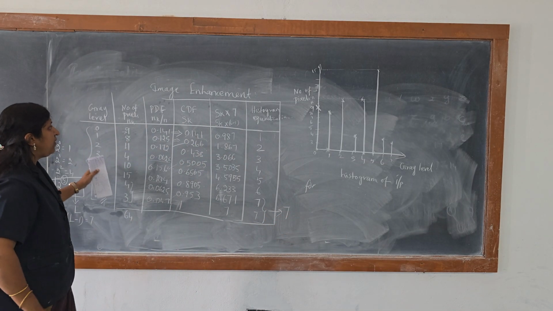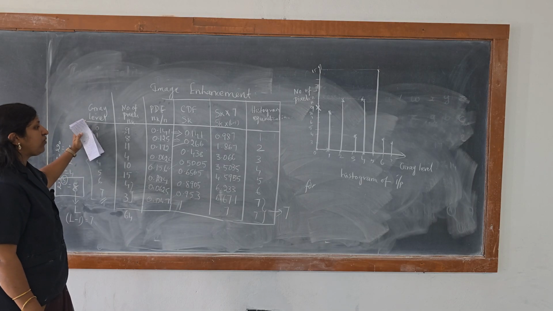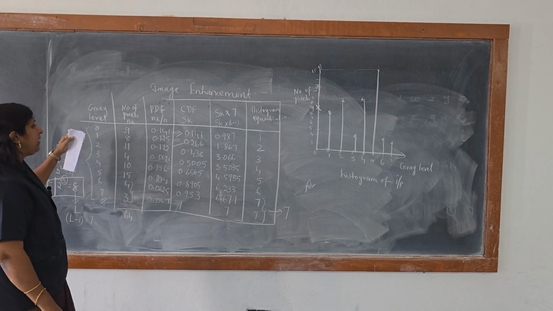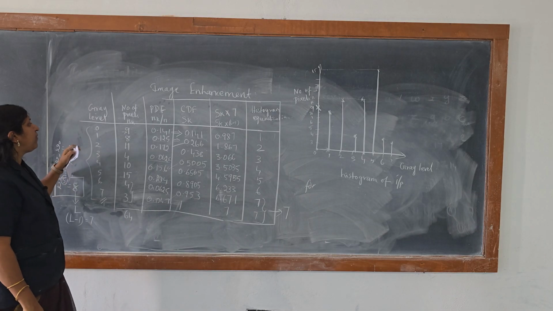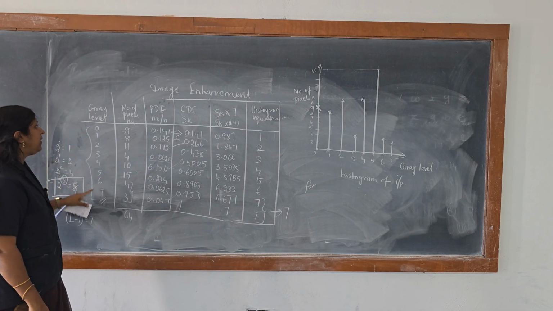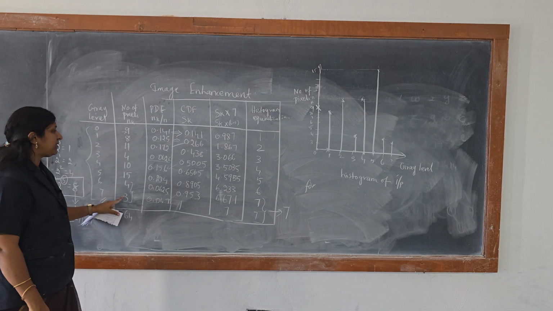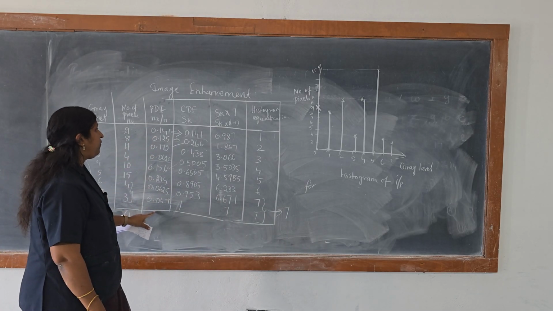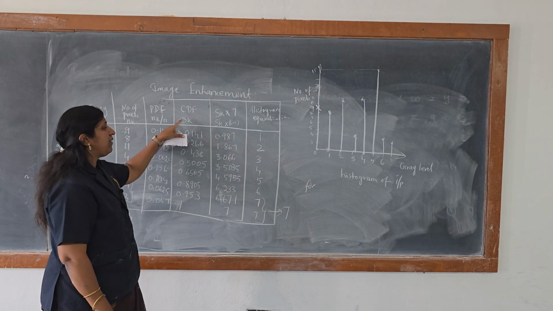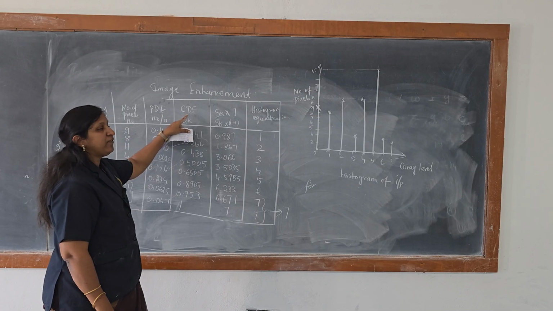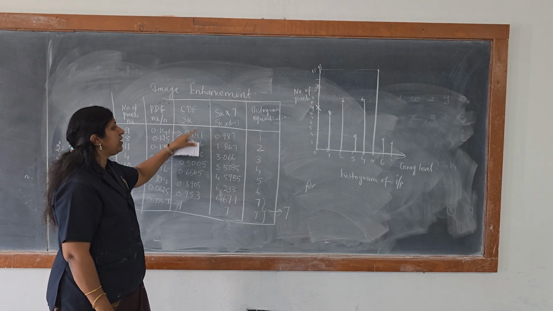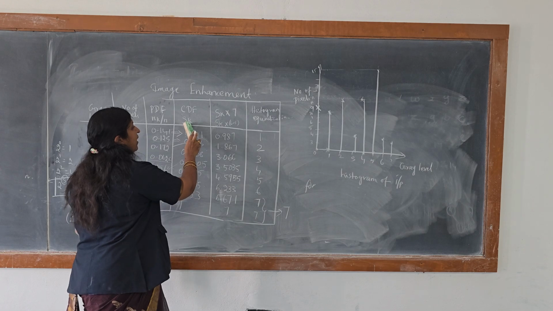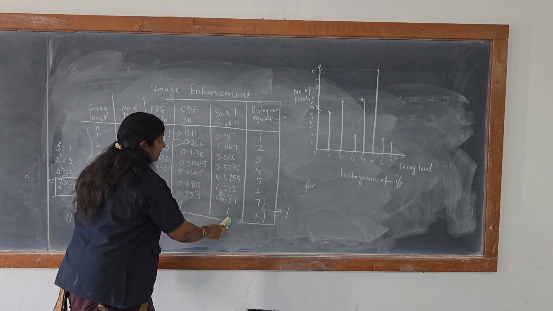After calculating all these values, what we have done is: from the problem statement I have written the gray level, then the number of pixels, then I have calculated the PDF value. From the PDF value we have calculated the CDF, that is the cumulative distribution function. Finally we multiply this value with L minus 1, and we get this table.